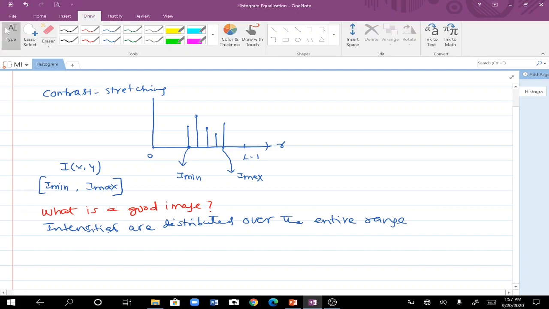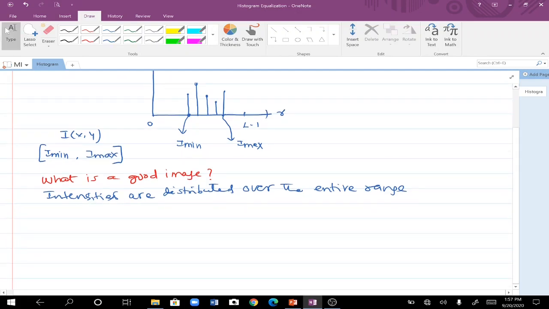For example, we wanted the minimum value to go to 0. The minimum value that was there is I min, so that we wanted to go to 0. So I of xy minus I min would bring it to 0, and when we are subtracting I min throughout the image, the maximum value would now become I max minus I min.